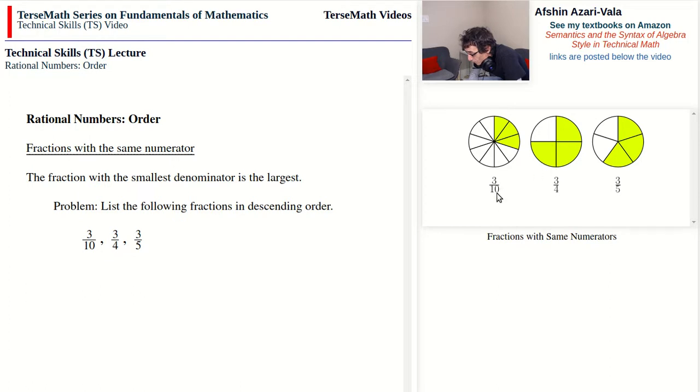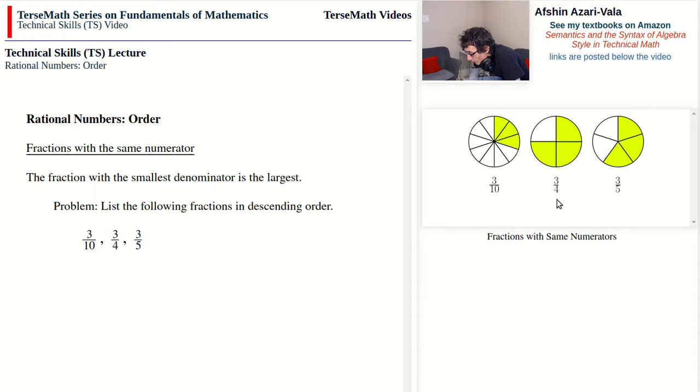And therefore you see that if the top numbers are the same, we have the same number of pieces, we can rely on the size of a piece to decide which fraction is larger than the other. The smaller the denominator, the fewer pieces you have overall, and the larger the size of a piece.